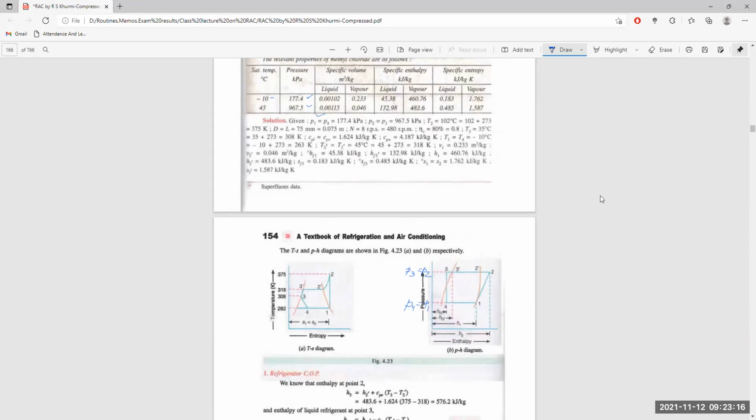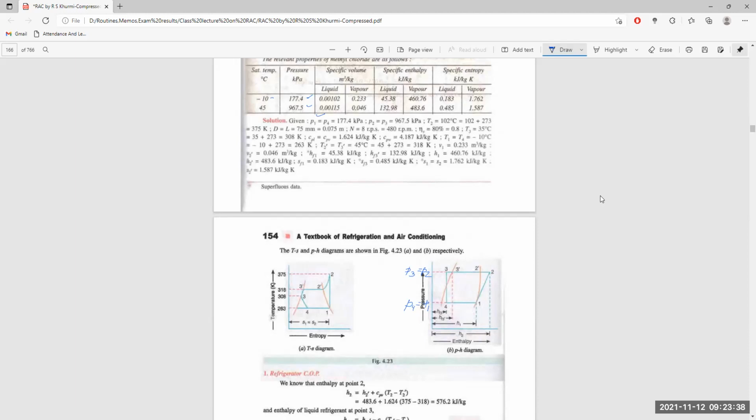P1 is given as 177.4 kilopascal, and P2 is given as 967.5 kilopascal. So it is not megapascal but kilopascal, which is comparatively less in this type of refrigerator system.